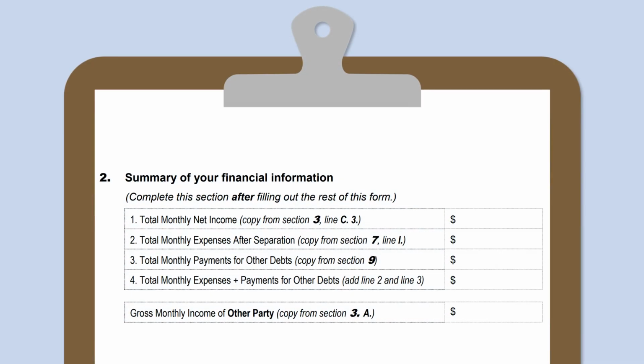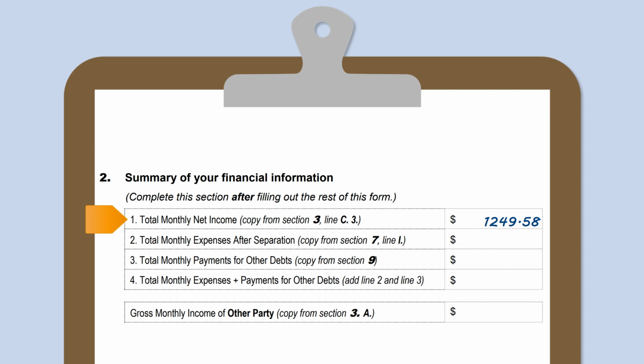Page 1, section 2 is a summary of your financial information. The first number is total monthly income. Look on page 2, section 3, line C, and copy that number to this box. The second number is for your total monthly expenses.